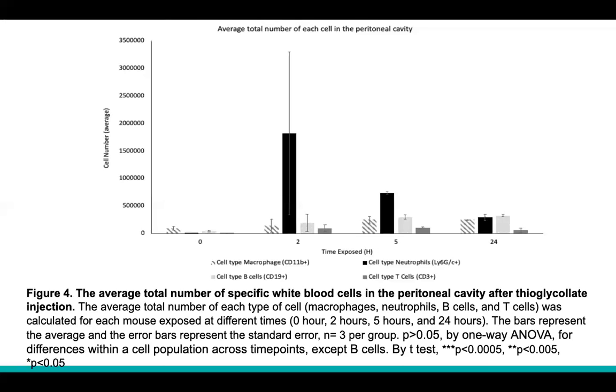B cells were significant at the 0 versus 5 and 0 versus 24-hour time points with a 0.005 p-value. T cells were significant with a 0.05 p-value at the 0 versus 5-hour time point, and the average number of T cells increased between hours 0 and 2, then decreased from 2 to 24 hours. The amount of macrophages and B cells slowly increased over time.